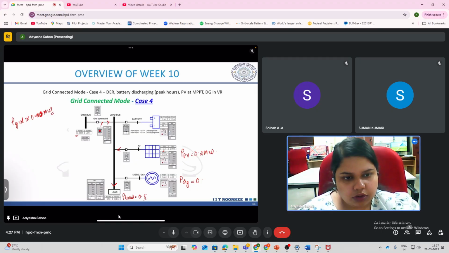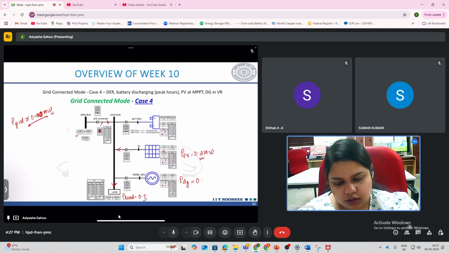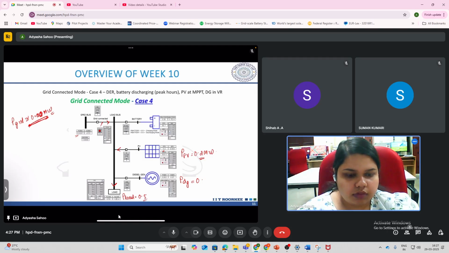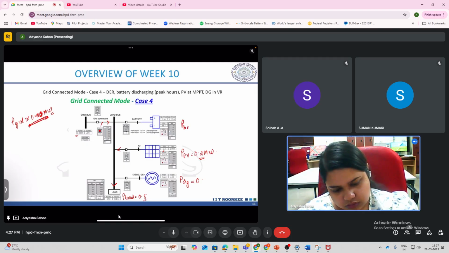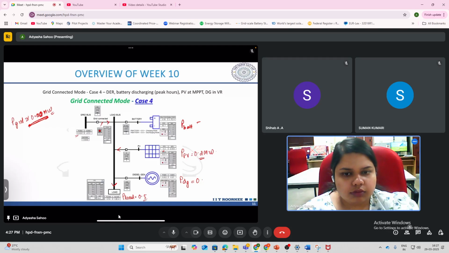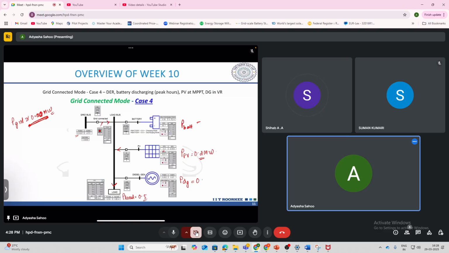If the load is 0.5, PV is generating 0.2, and your grid is basically 0, what should the battery do? 0.2 or 0.3?